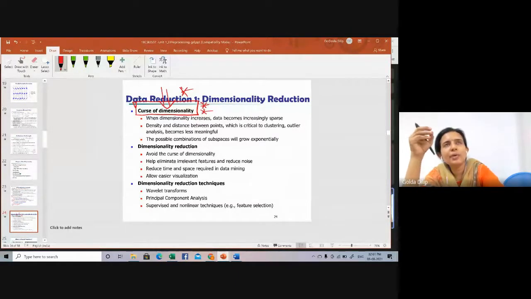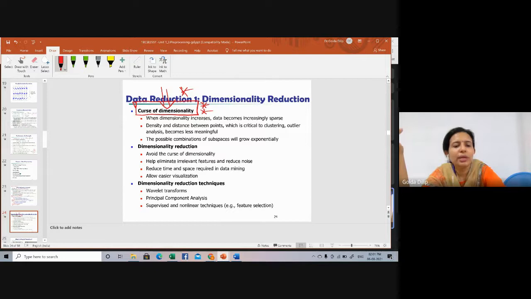Yeah. Especially when you have more than 100 attributes, we call it high dimensional data, because so many issues arise when we try to work with it. It may be very difficult to do data analysis on it.